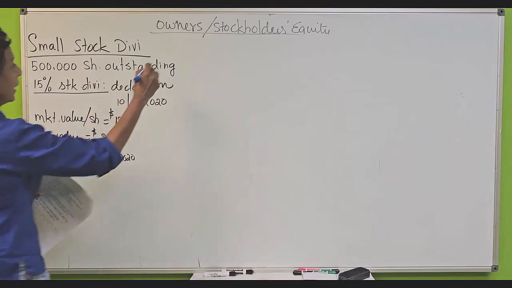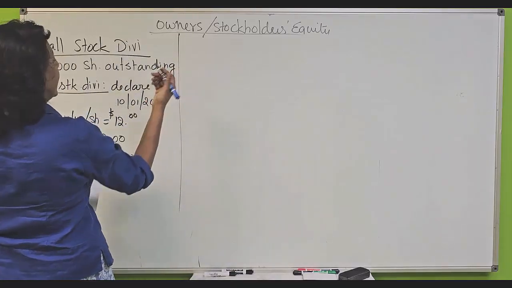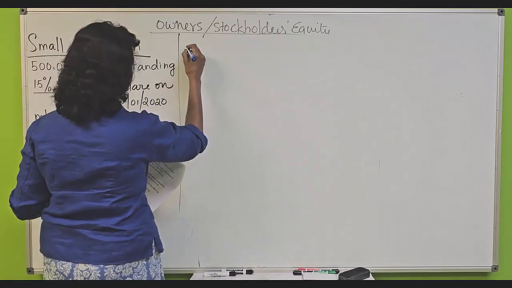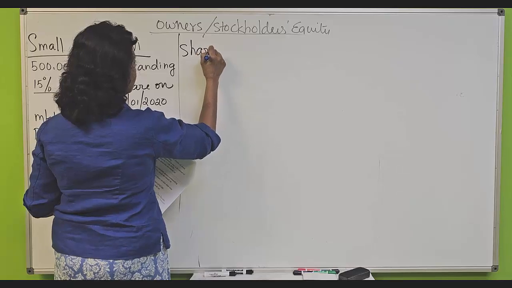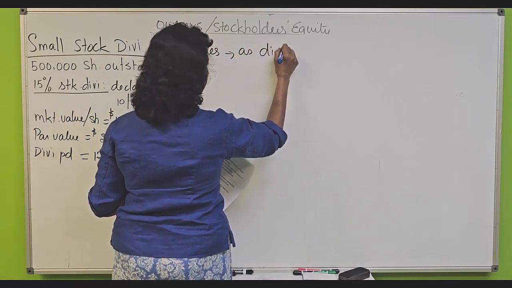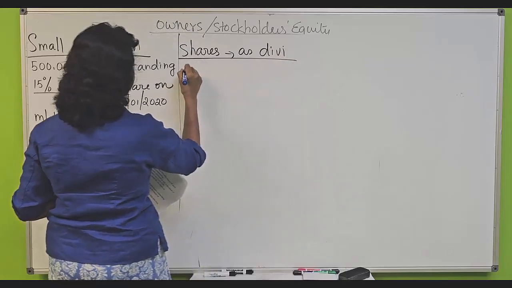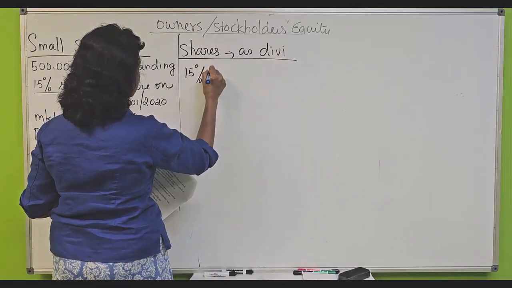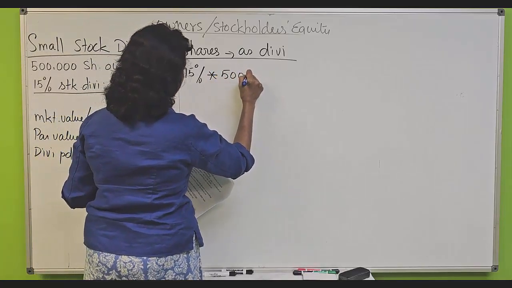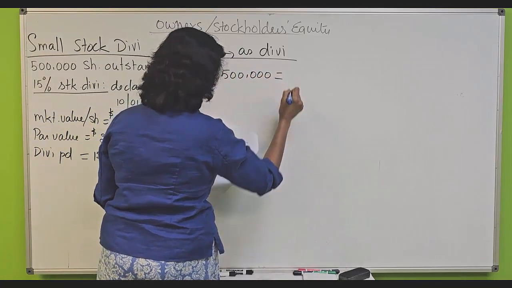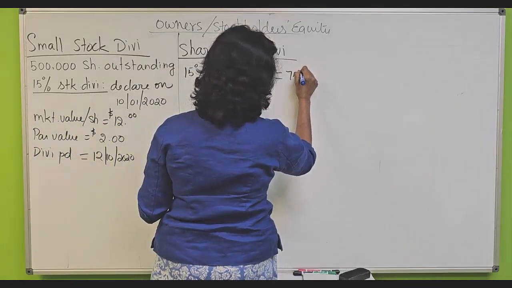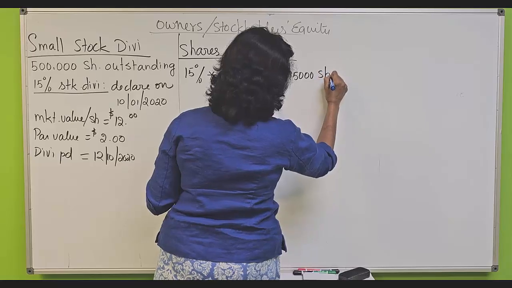So here, what is the value of the dividend? First of all, how many shares are coming out? So shares paid as dividend equals 15% of 500,000 shares. That equals 75,000 shares.